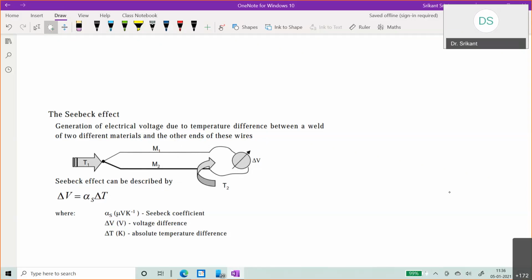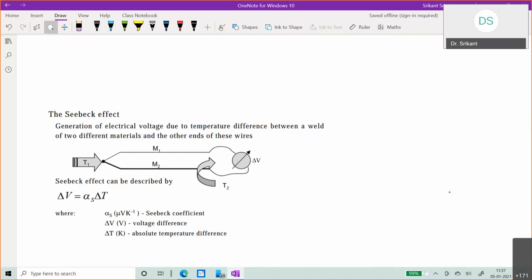So this is all actually coming from the electron theory of solids, about how the distribution of charge carriers and the Fermi levels or potentials inside the metal. So this is called the Seebeck effect, and then you can have the regular definition for it. Suppose I have these two metals which are welded at one end, and at the other end I'm inserting a voltmeter.